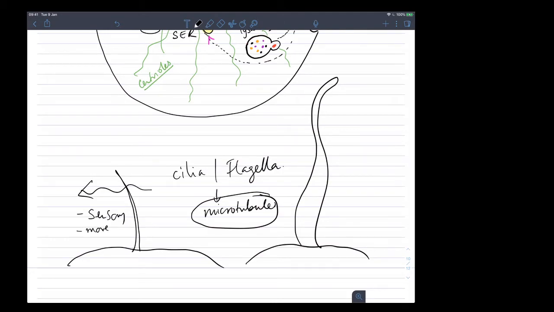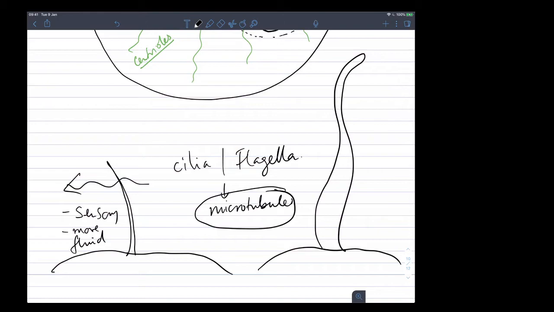They're not moving the cell, they are moving the fluid around the cell, and they have a sensory function. As the fluid might move over a cell, it might cause a cilia to move, and in such case, the signals get transmitted inside the cell, allowing the cell to respond to that.